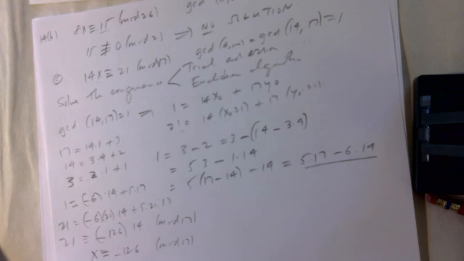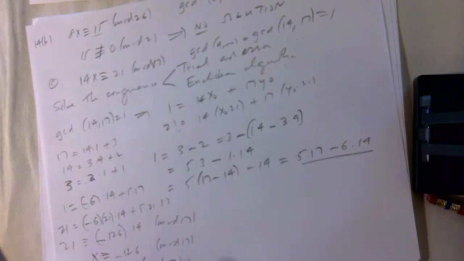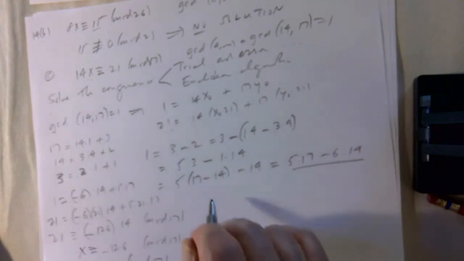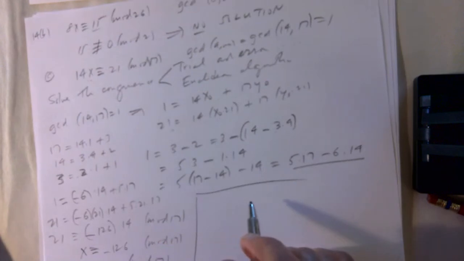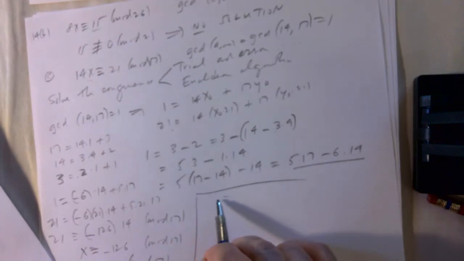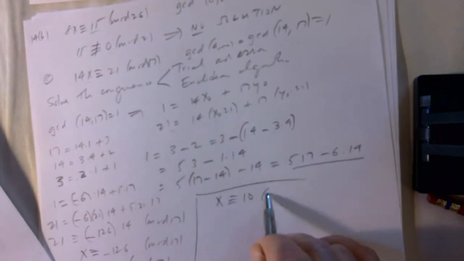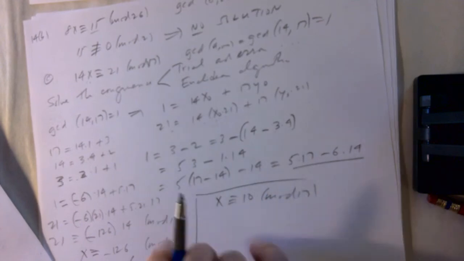So I think that x is congruent to 10 mod 17 because minus 126 plus 136 is 10, and 136 divided by 17. Is that right? Yeah. So the smallest non-negative solution is x anything congruent to 10 mod 17.